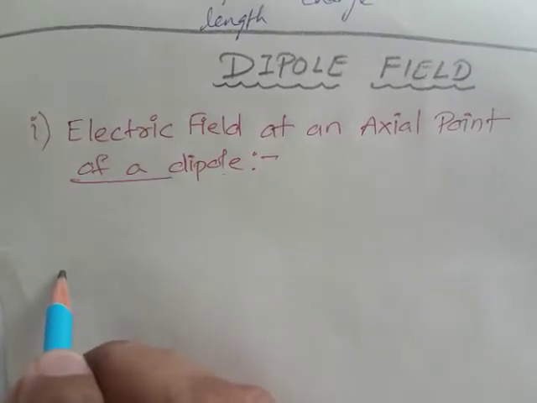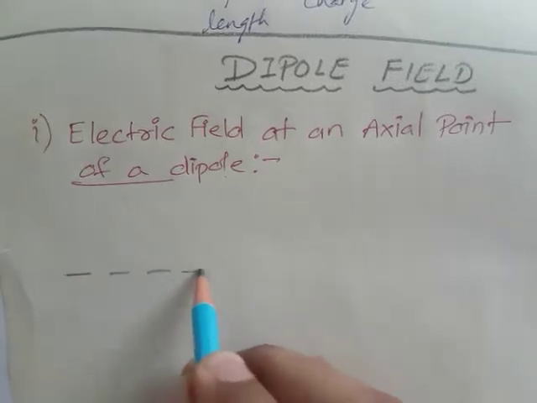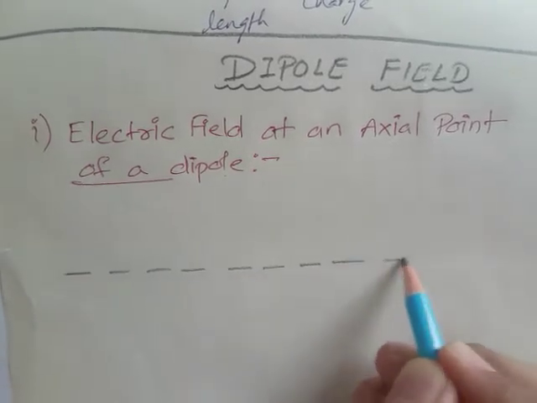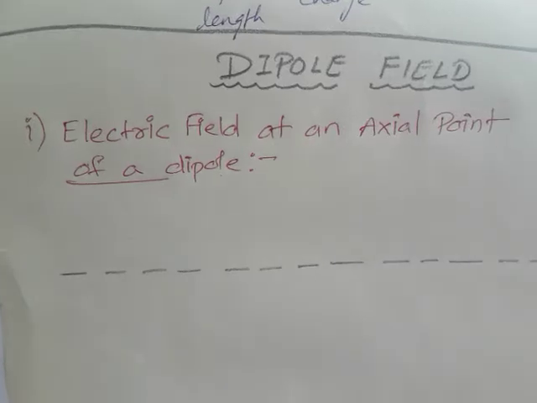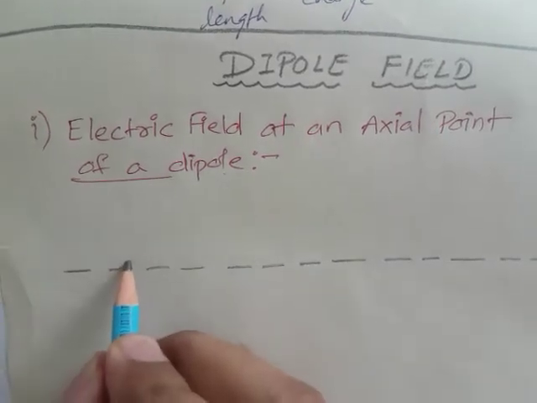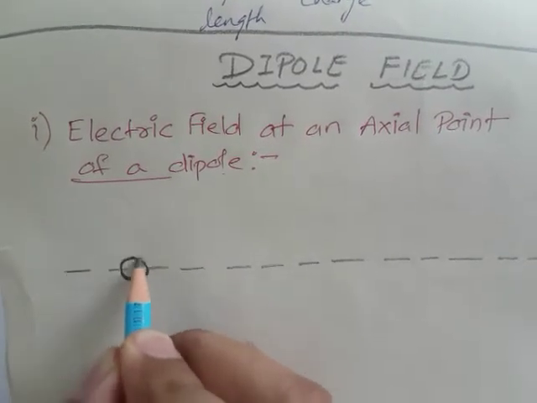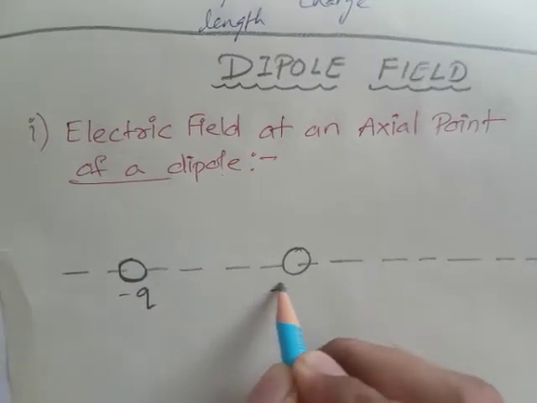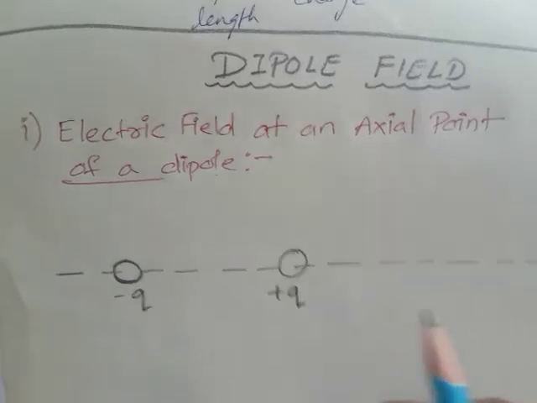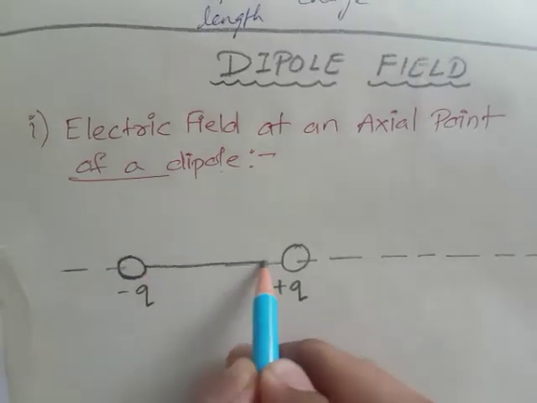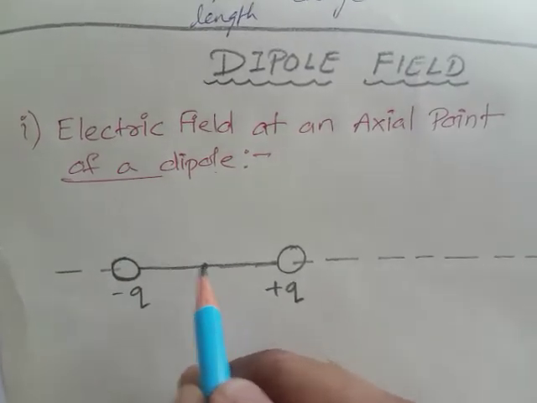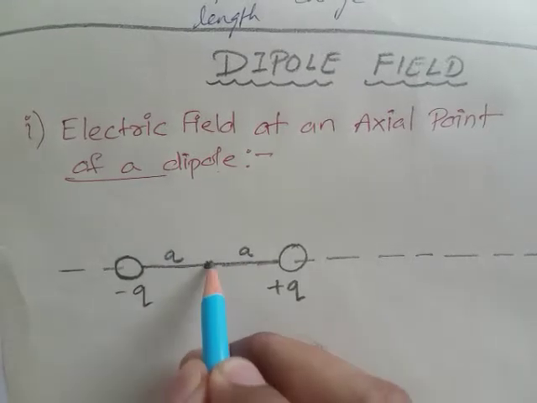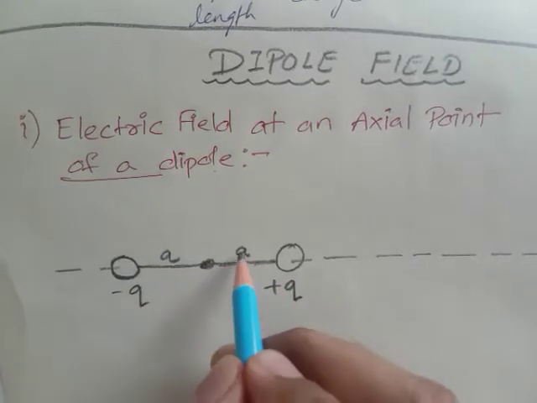If I draw an imaginary line, the axial line, then I will draw two charges over here. One is negative q charge, another is positive q charge, and from the center the distance to each is a.